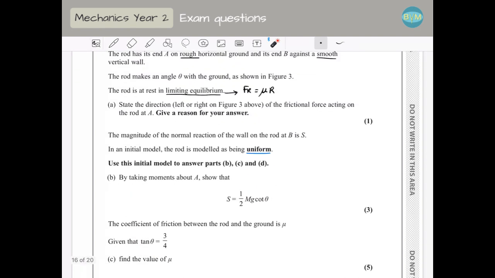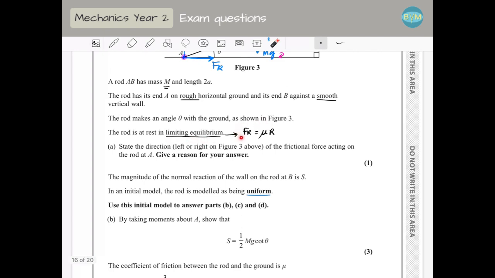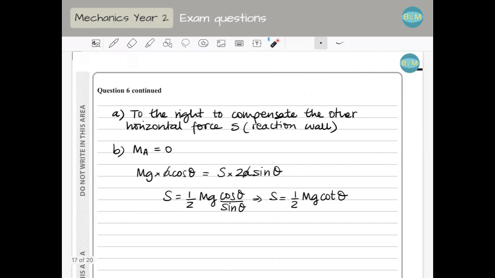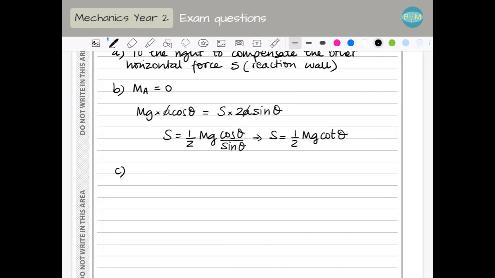We say the rod is in limiting equilibrium, so the friction, this friction here, is mu normal reaction.